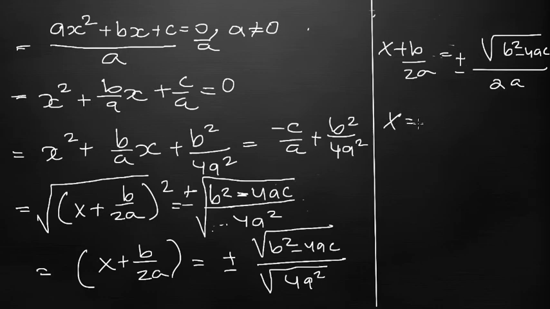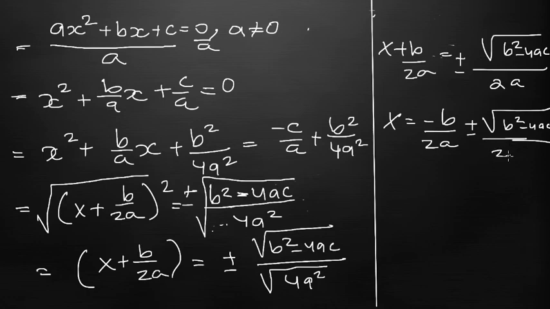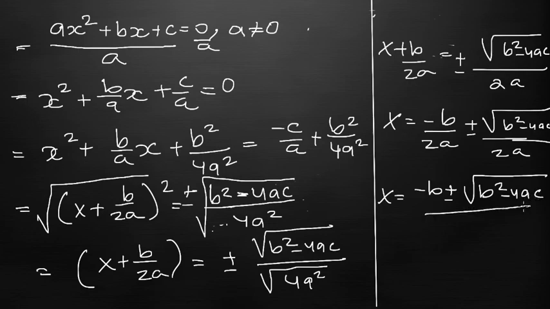So we got x is going to be equal to, take this over to this side, negative b over 2a plus or minus the square root of b squared minus 4ac, all of this over 2a. And because we have the same denominator, we can rewrite this as x is going to be equal to negative b plus or minus the square root of b squared minus 4ac, all of that over 2a.